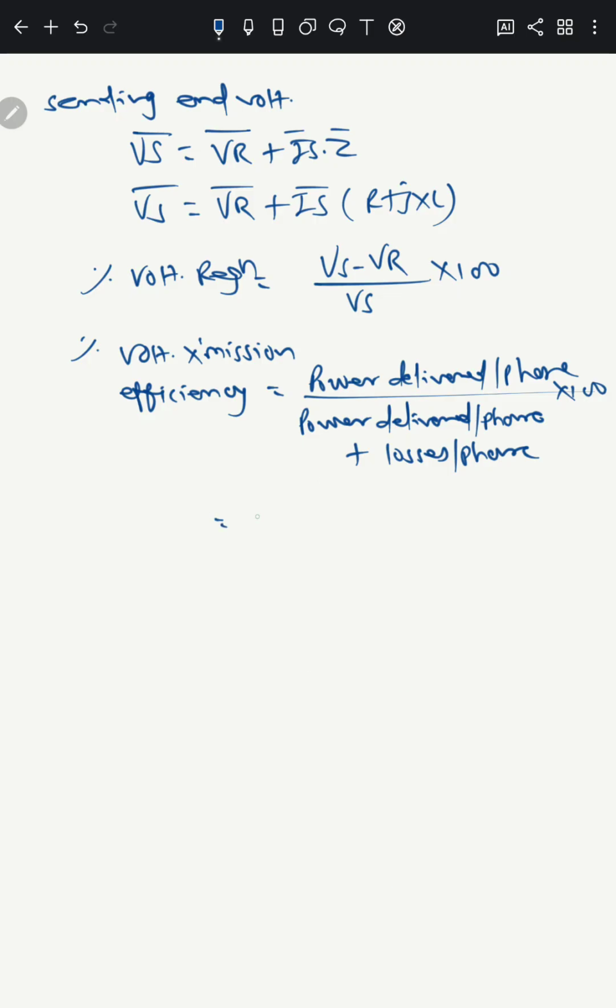So it can be written as Vr Ir cos phi r divided by Vr Ir cos phi r plus IS square into R, into 100.